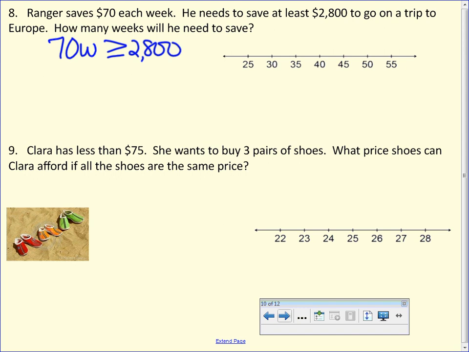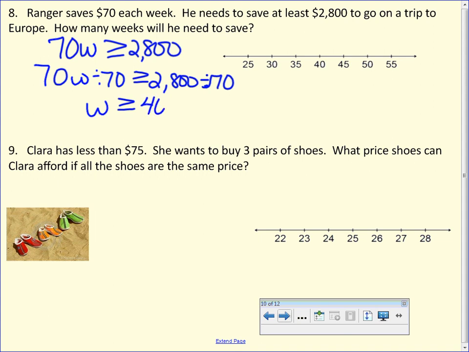So divide both sides by 70. What is 2,800 divided by 70? 40. So 40 weeks or more he's going to have to save. A long time.